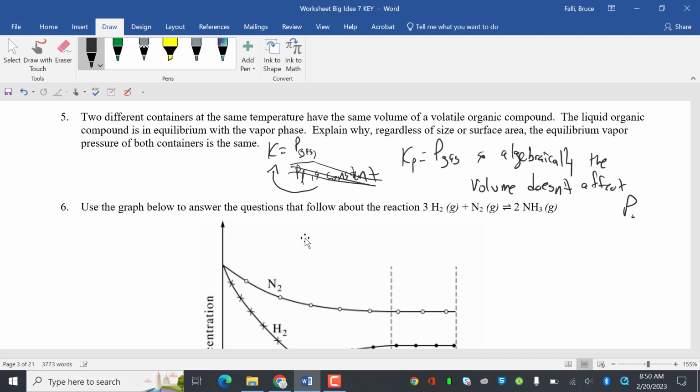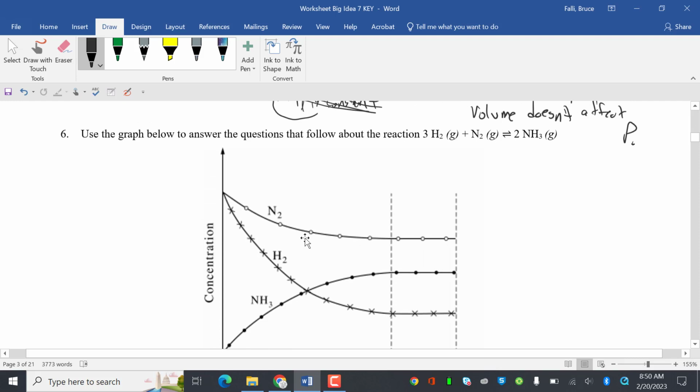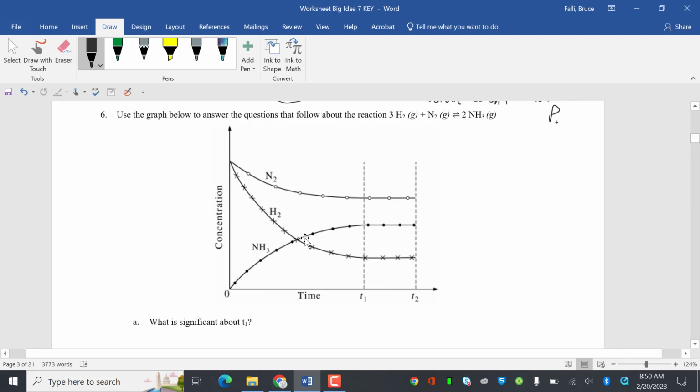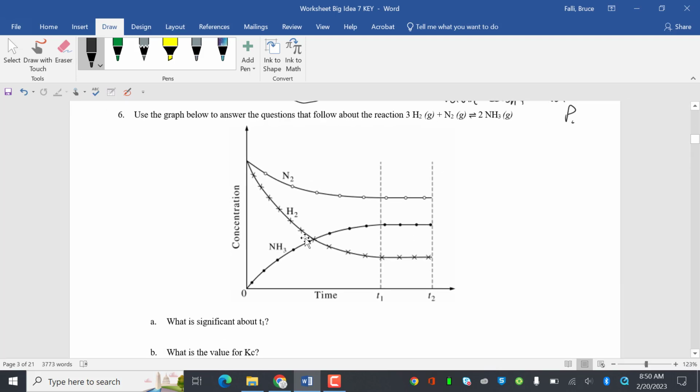Use the graph below to answer the questions to follow about that reaction. We've got coefficients, so we should have different size slopes. What is significant about T1? I guess we're saying T1 is where equilibrium occurs. What is the value for Kc?